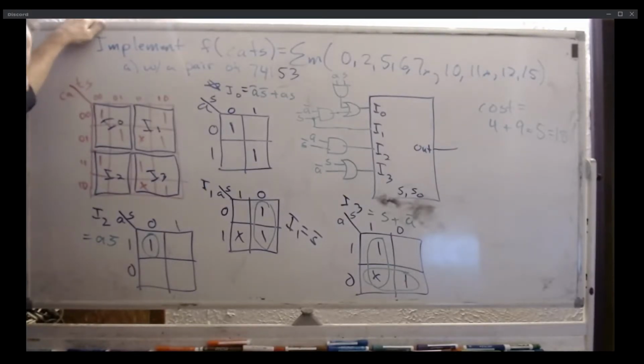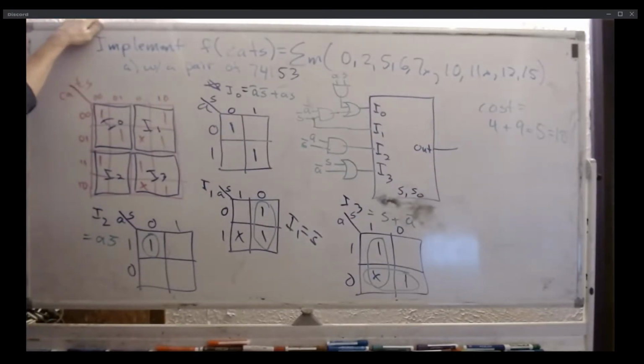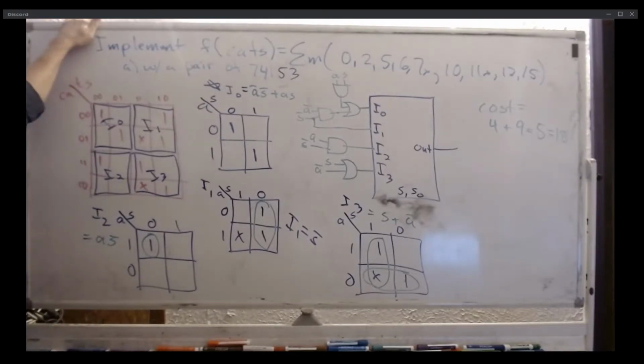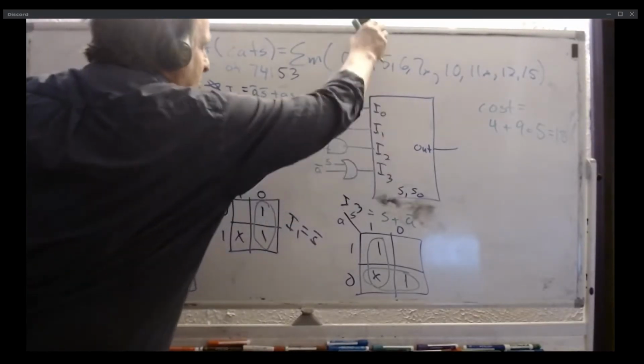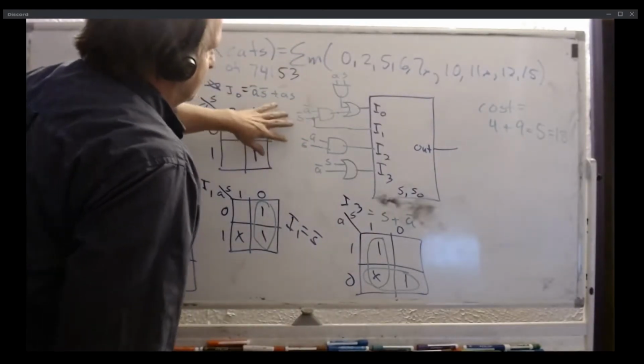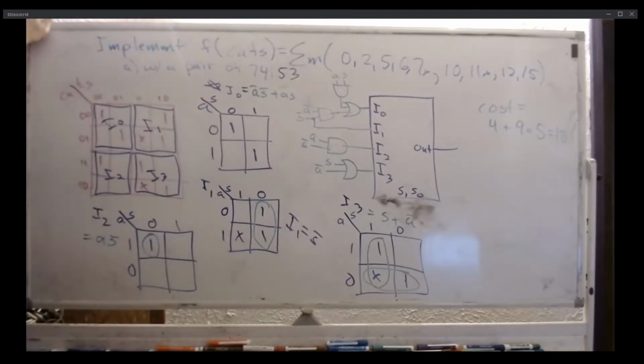Well, if you had a 5 variable function, I would think you would strongly take a look at the 1 of 8 mux. Yes, you have double the inputs, but each one of those inputs is just going to be a 2 variable Boolean function instead of 3. Those 3 variable Boolean functions can get nasty.